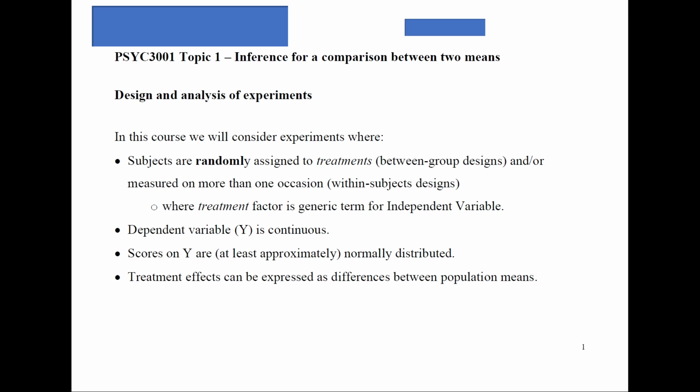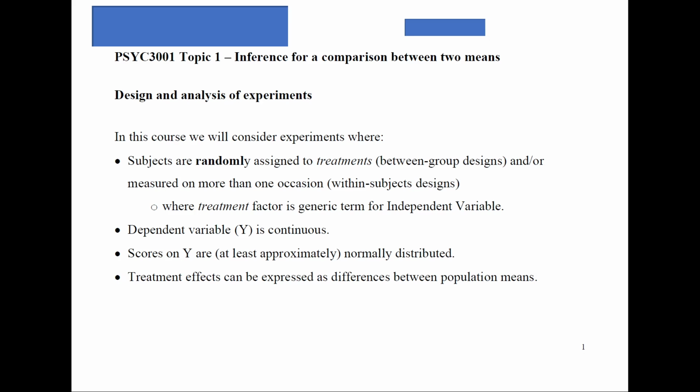Now, ideally, what I would do as a researcher is take everyone in Australia who is depressed, give them my drug, and then determine whether that drug is causing every single person that has depression in Australia to become less depressed.